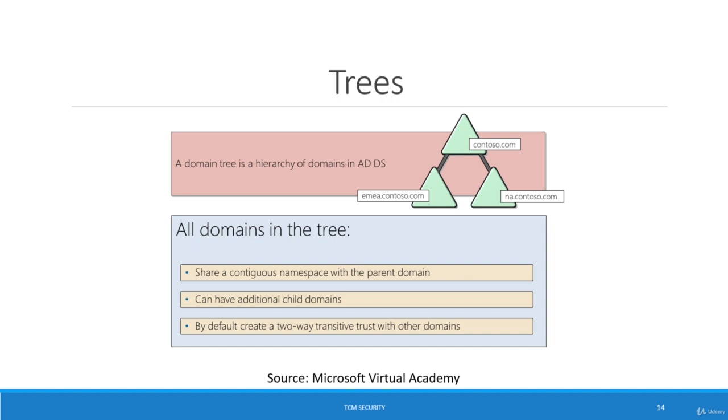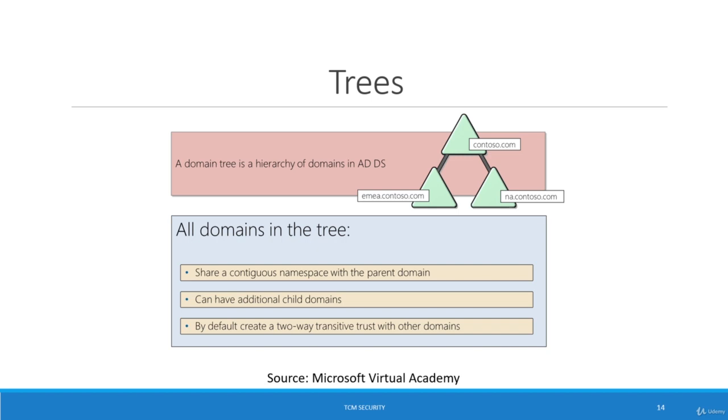We also have what are called trees. Now, trees are a group of domains, and they're in this hierarchy. So you see, again, we have this example of contoso.com. Well, what if contoso.com is the big namesake, and then we have two child domains? So we've got a parent domain, and then we have two child domains.